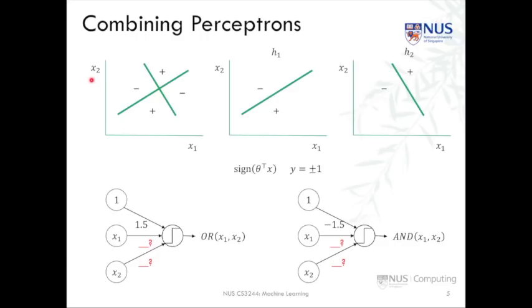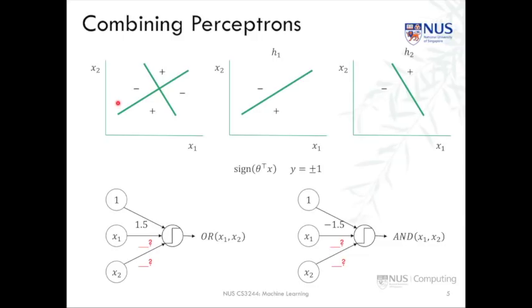What we'd like to do is carve out the space like this. And we saw that using a single perceptron, we're not able to do that without using a nonlinear transformation. We can only draw single straight lines like the one here, which is just fine if you just wanted to separate the plus from the minus here, but it won't help us in the case of the XOR.